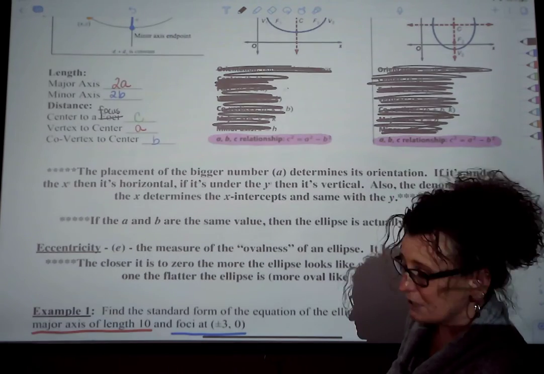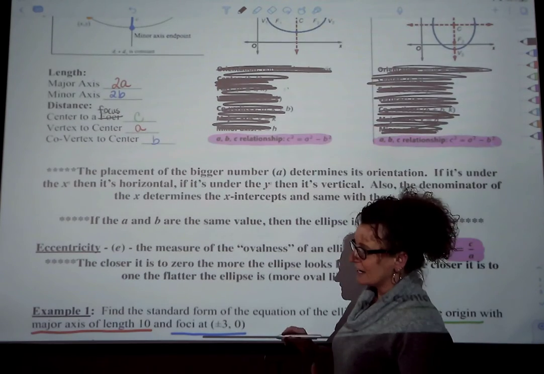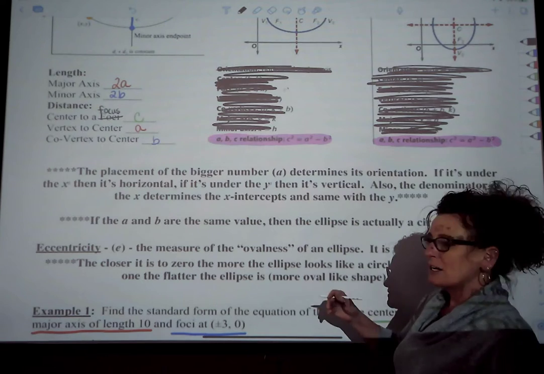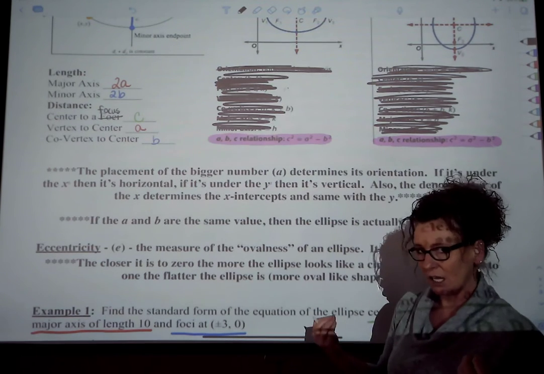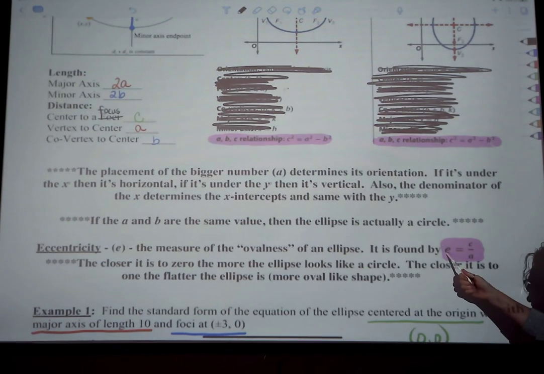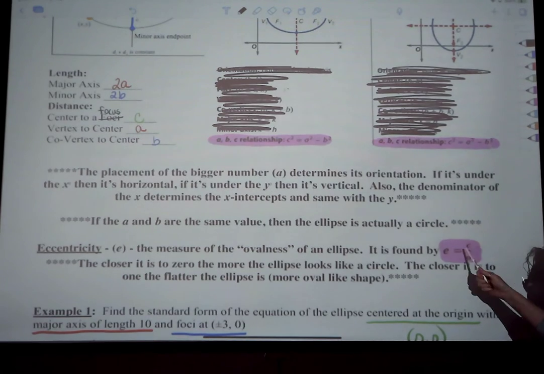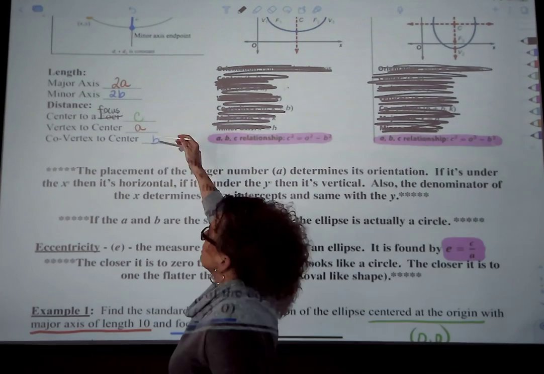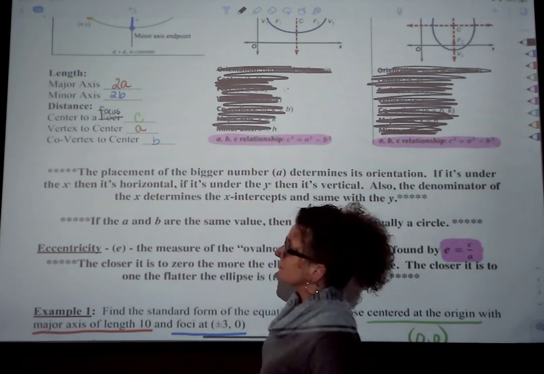All right, and then I will mention e, eccentricity. It measures how ovally the ellipse is, and the ovalness is eccentricity. It can be found by taking c over a. So you would take this distance over this distance.